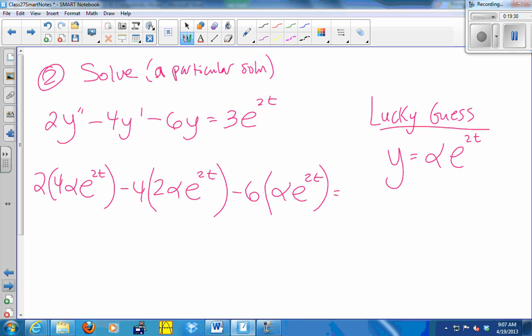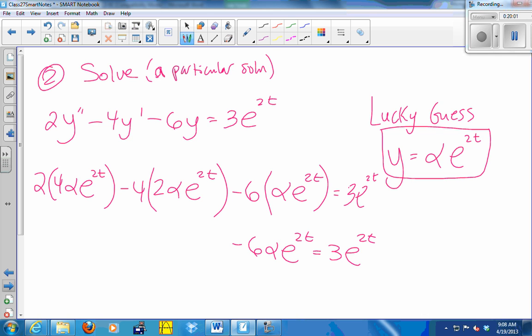And we're going to try to force it to equal 3 e to the 2t by choice of alpha. So I've got 8 alpha e to the 2t minus 8 alpha e to the 2t, so those just go away. And then I have negative 6 alpha e to the 2t equals 3e to the 2t.